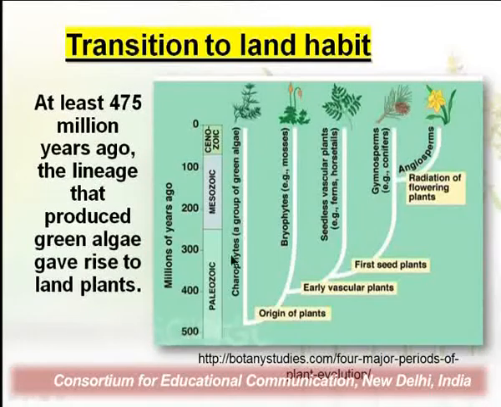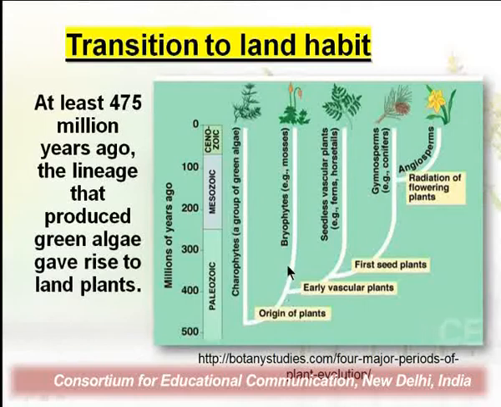At least 375 million years ago, the lineage that produced green alga gave rise to land plants. It is very evident from this phylogram that the origin of plants took place as far back as 475 million years ago from a group of green alga called Charophyceae.